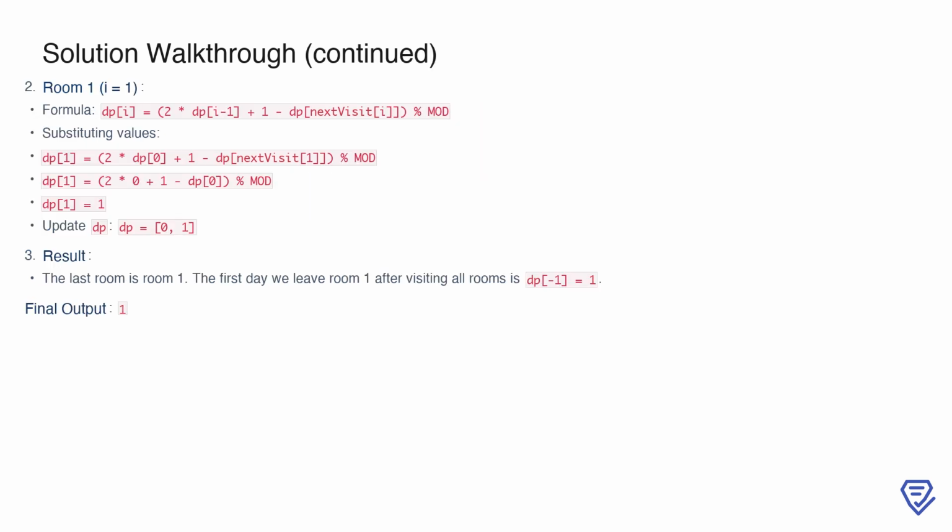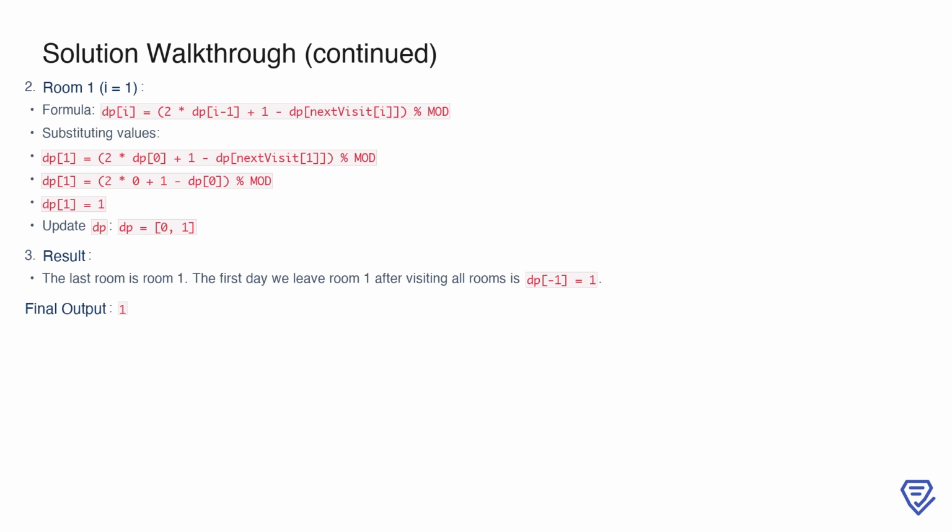Now, for this example, we calculate the value of DP[1], representing the first day we leave room 1 after visiting it twice. Using the formula DP[i] = 2 * DP[i-1] + 1 - DP[next visit[i]] % mod, we substitute the values. For DP[1], this becomes 2 * DP[0] + 1 - DP[next visit[1]] % mod.